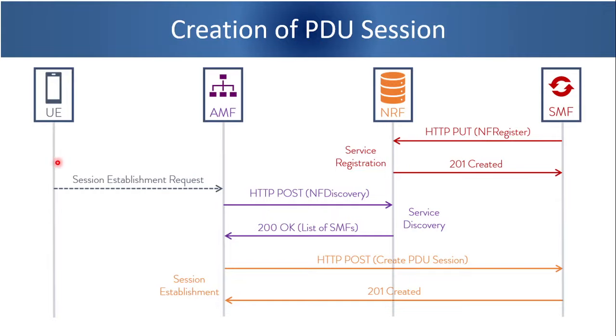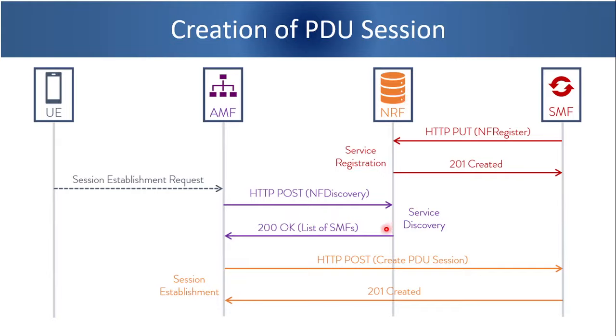When there is a session establishment request, a request for creation of a PDU session by the UE, the AMF makes a discovery with the NRF on which SMFs are active as of now.